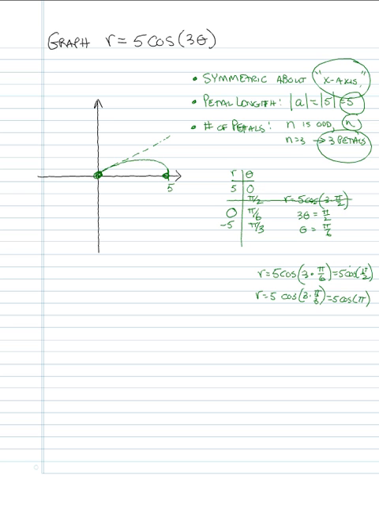If we're at the angle that is pi over 3, which we'll say is roughly along here, our R value is -5, so we go in the other direction 5 units. And that's going to put us right here. Well, so what's going to happen is this curve, this graph, is moving along in this direction. Remember, we started way over here, and we went to here, now we're moving to here.